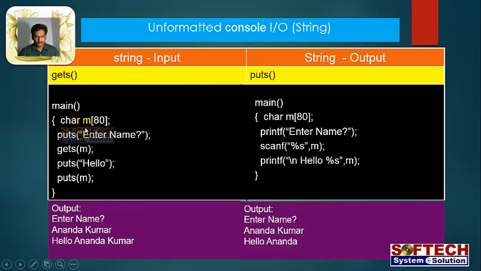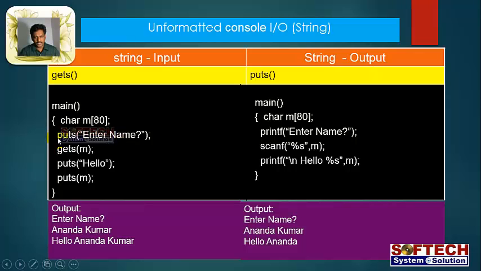In this program, main, char m of 80. So we allocate 80 character locations to get string input. The string is a character array, the variable name is m. Then here we give puts("enter name"). We can also give printf("enter name").